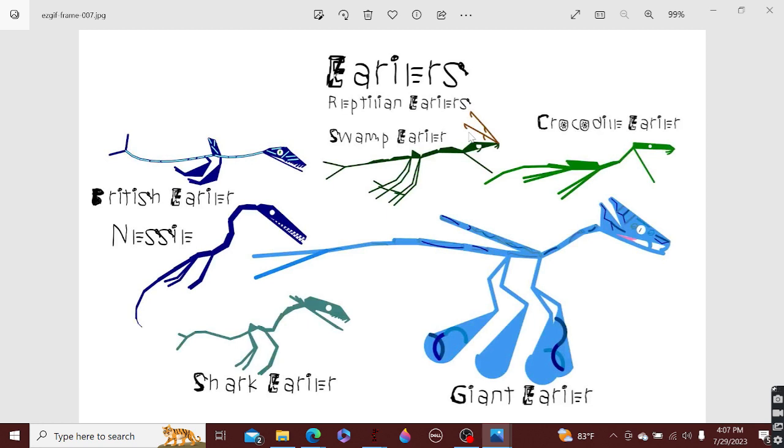To compensate, it has extremely potent venom, one of the strongest venoms seen in a Neo-Archosaur. Imagine something with both strong venom and a strong bite. The largest ones have been rumored to reach up to 15 meters, but these are just rumors. The largest one recorded was about 13 meters.